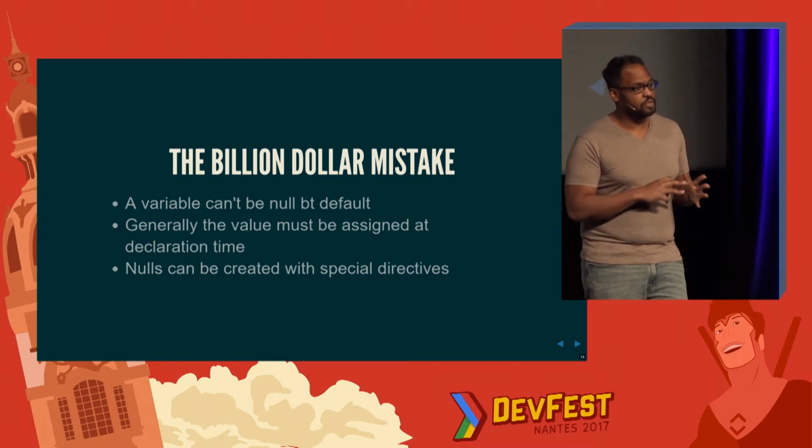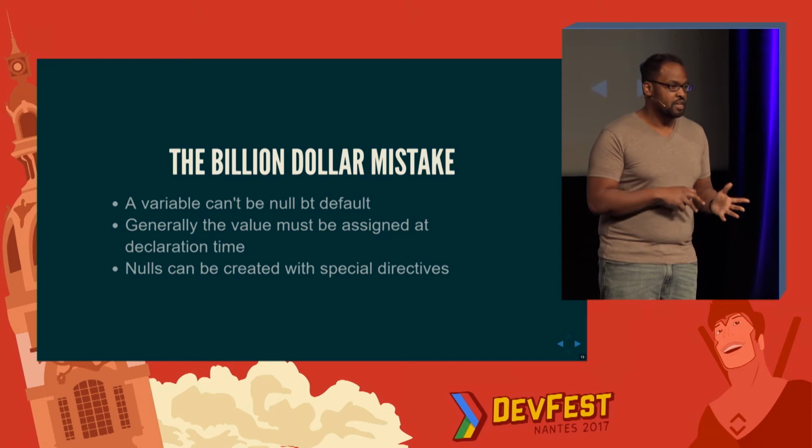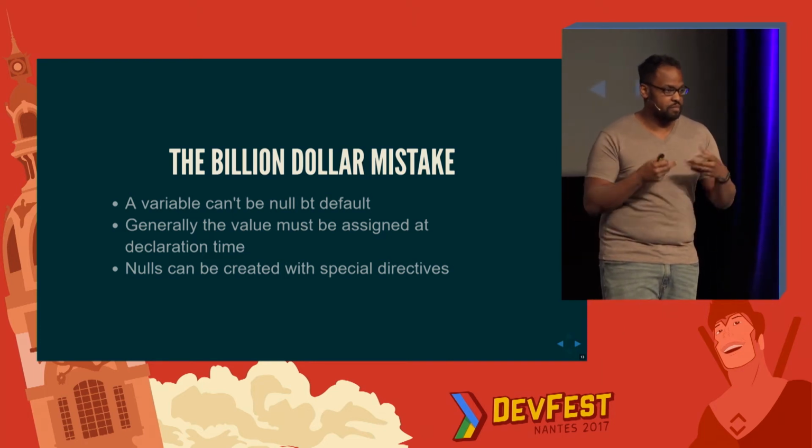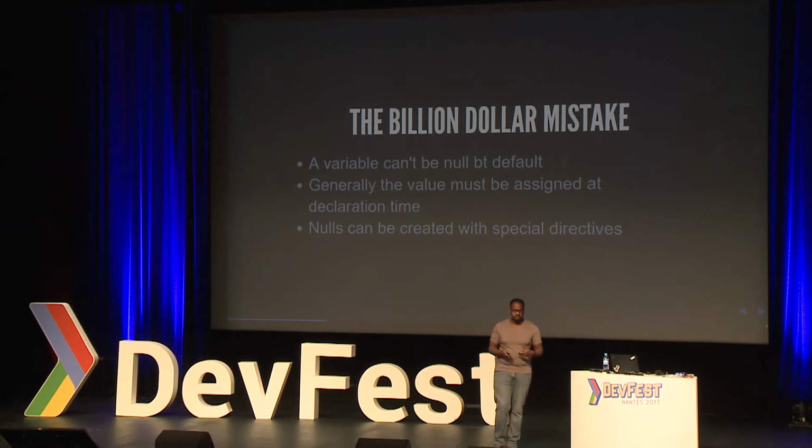So by default, a variable cannot be null, and generally you have to assign its value when you're making the declaration. Nulls can be created with some special directives, but in general, you should try to not use null ever if you can help it.